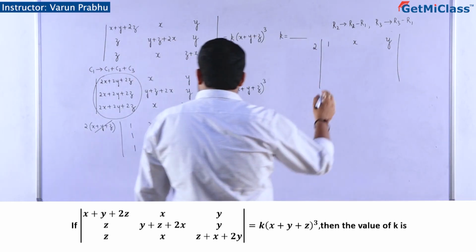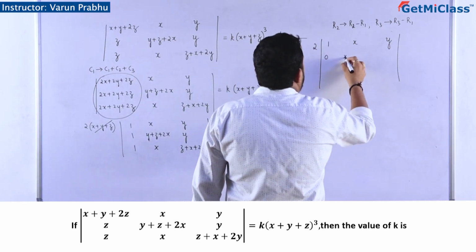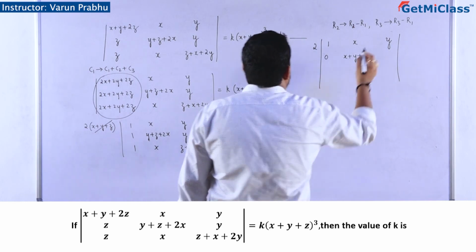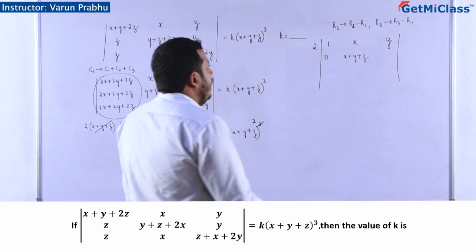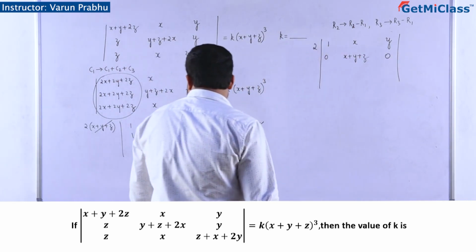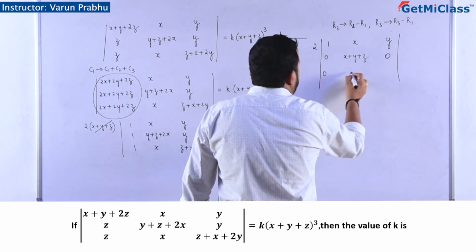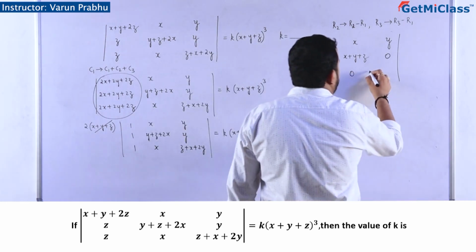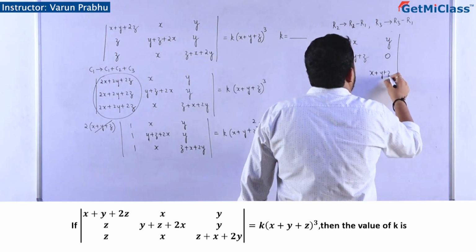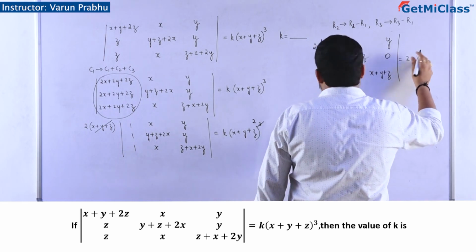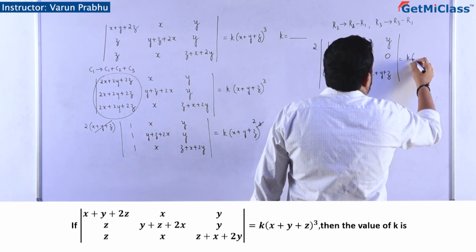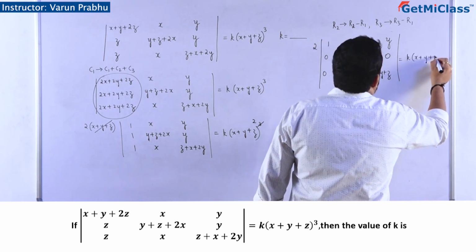Now 1 minus 1 will become equal to 0, and we are left with here x plus y plus z. Is it right? X plus y plus z, and this part will become equal to 0. Similarly, this is 0, and here it will be x plus y plus z. That is equal to k times (x plus y plus z) the whole square.